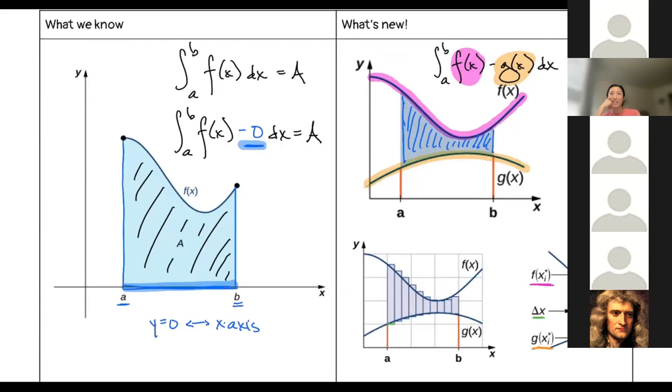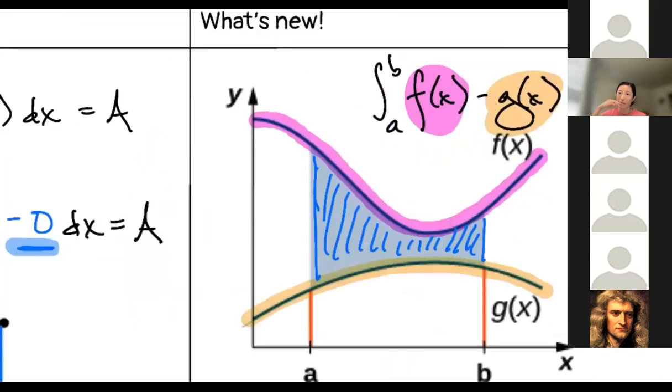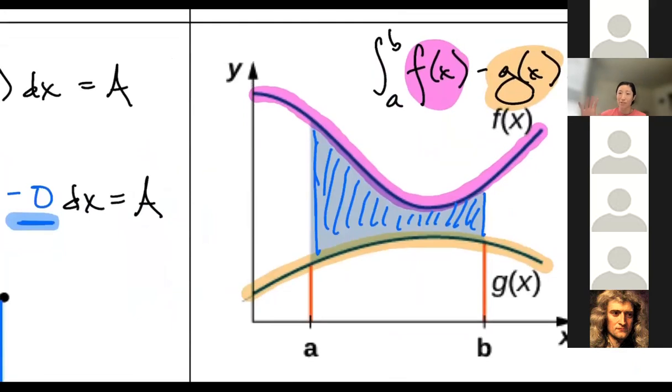Orange is g of x. Okay. So the important thing that I want us to take away from this picture in particular, wow, that's an aggressive zoom, but the important takeaway, okay, is not that I call one of them f of x and one of them g of x. That's actually the least important part of this.